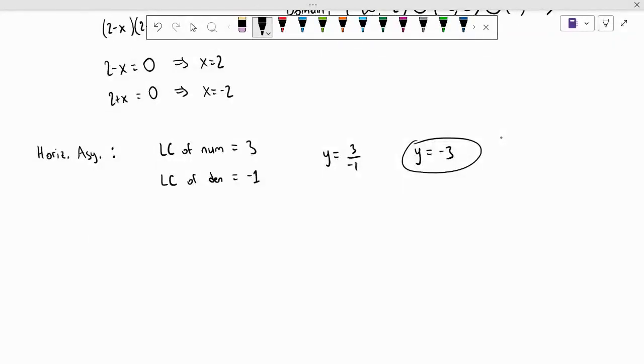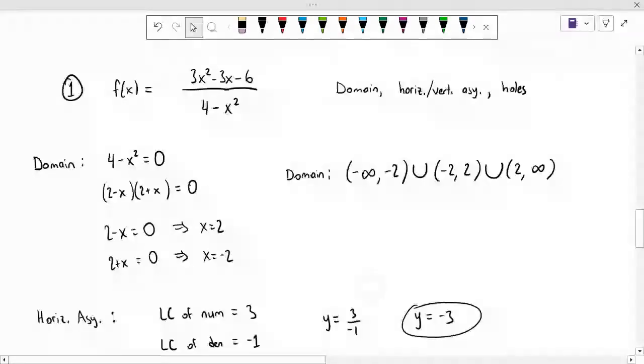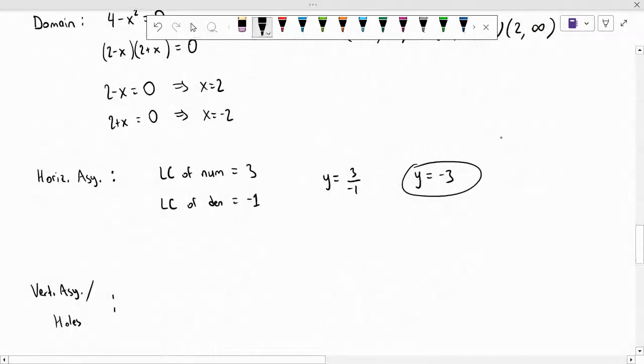And then when we look at the vertical asymptotes and holes, okay? Now let's take our function and let's also work on factoring the numerator as well.